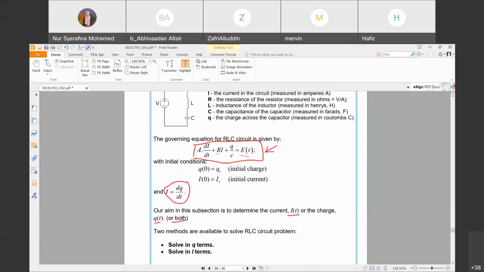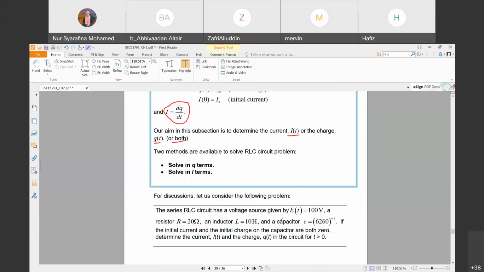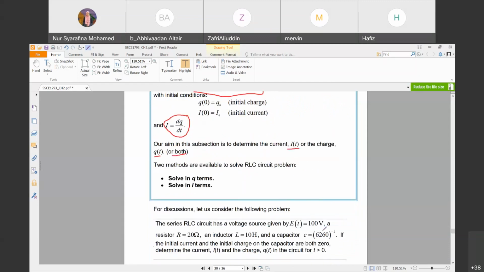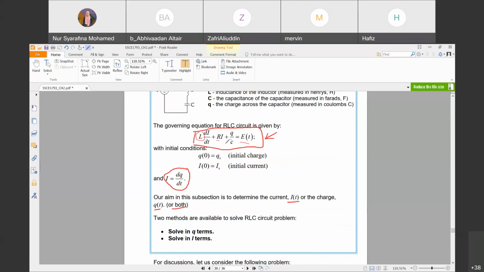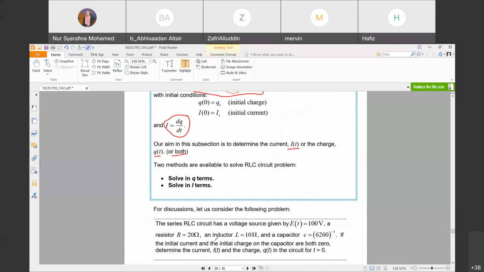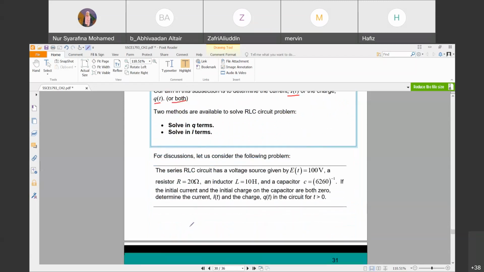L is here. And the capacitor C equals 1/6260. C is here. If the initial current and the initial charge on the capacitor are both 0, then determine the current I and the charge Q in the circuit for t greater than 0.